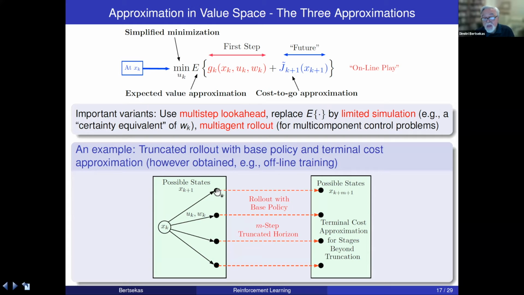We run the base policy from each one of those, and then we add a terminal cost approximation at the end. And the cost of all this is our J tilde from xk plus 1. So this is just an example, and we're going to see other examples similar to the deterministic case that we looked at earlier.